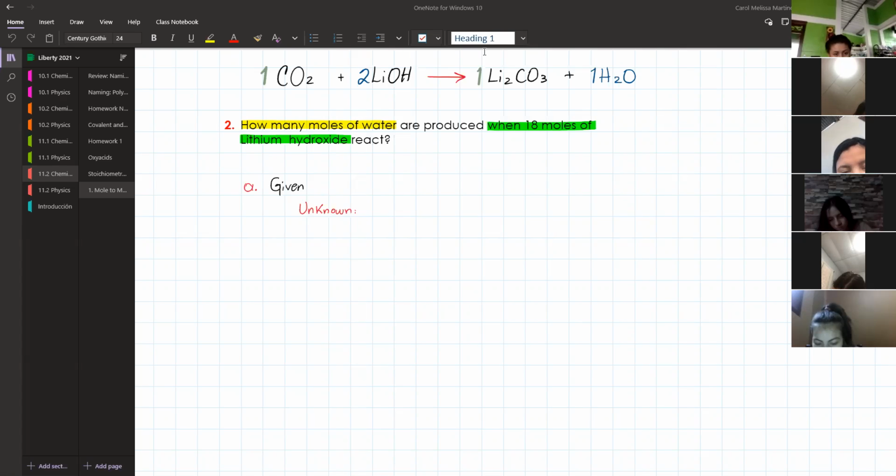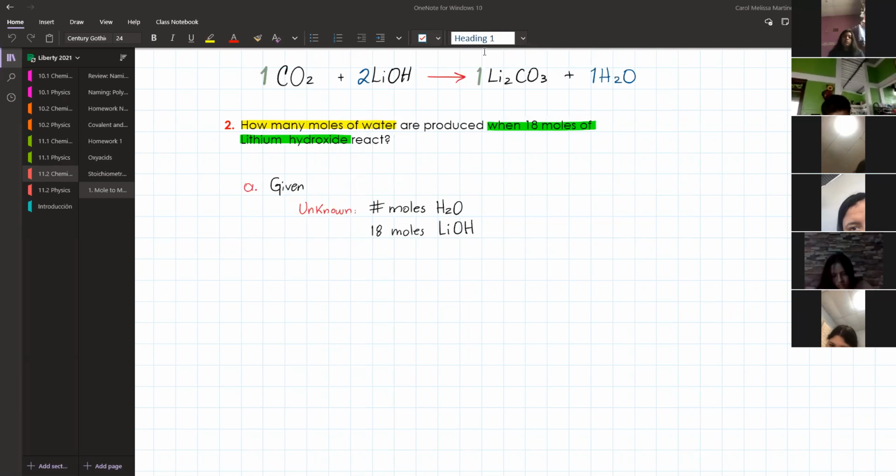So in unknown, I want to know the moles of water. And in the given, I have 18 moles of lithium hydroxide. So that is a given. Lithium hydroxide, or just LiOH. This is my known. I'm gonna put it in green.